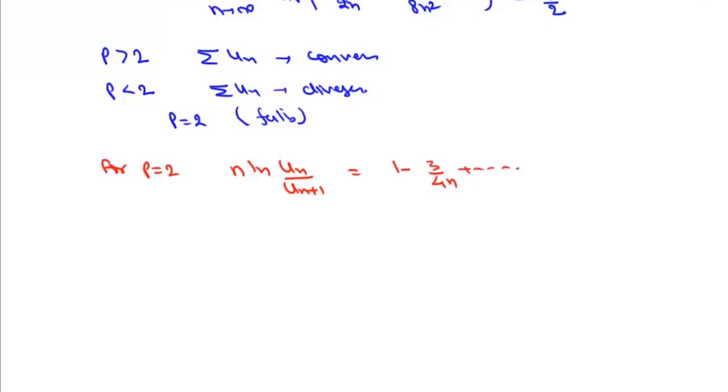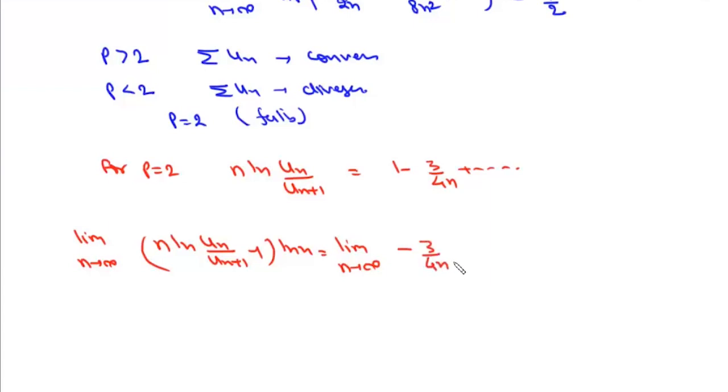Now we use second logarithmic ratio test, and for this we'll find this limit n tends to infinite n log un upon un plus 1 minus 1 into log n. So it will be this limit n tends to infinite. Now this n log un upon un plus 1 is this value, and then minus 1. So it will be this minus 3 by 4n plus higher powers of 1 by n into log n.